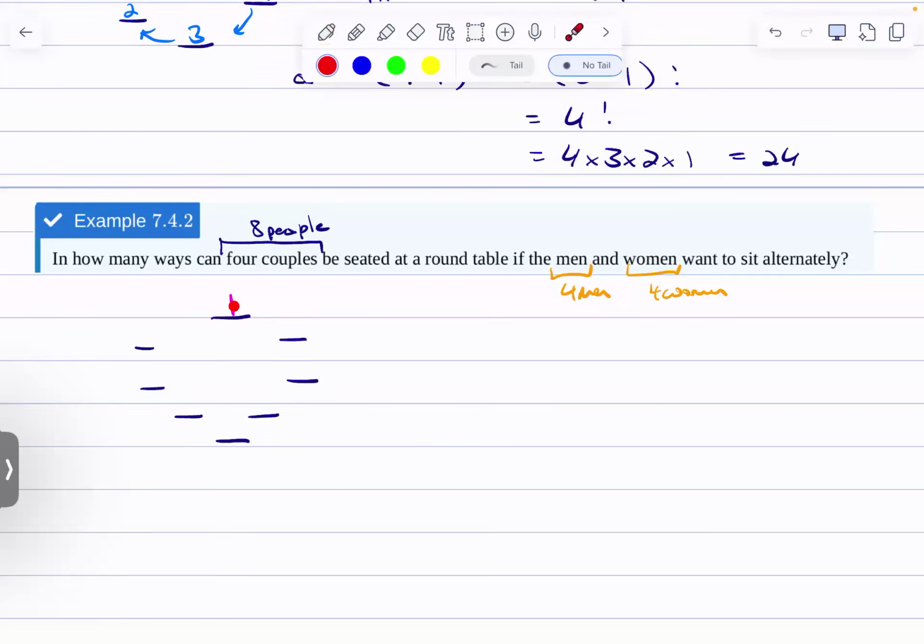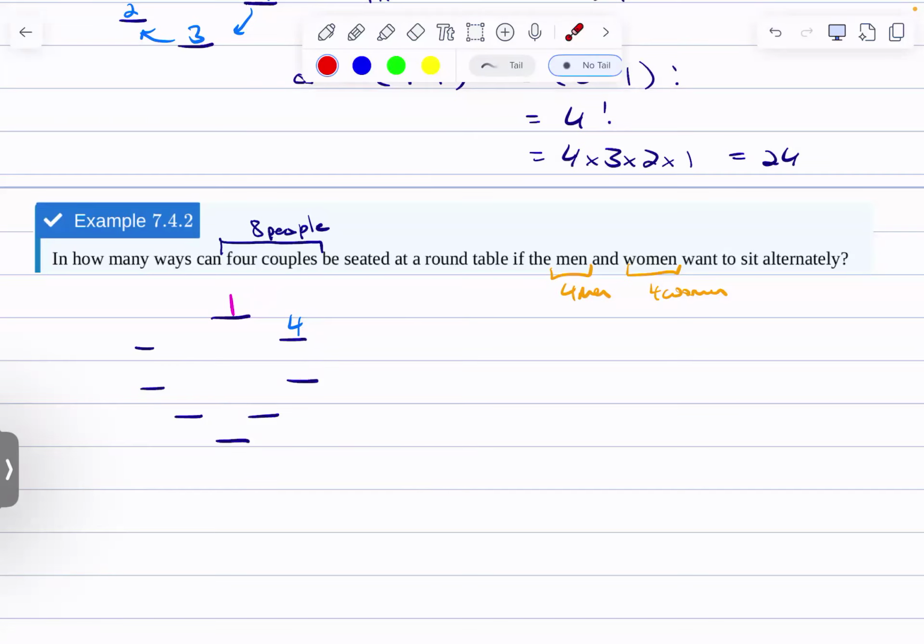If this is a man, then I have 4 women that I could put here. Same scenario: if this was a woman, I have 4 men that I could put there. We don't consider them being separate because we're just putting a person down, same as we have been before.